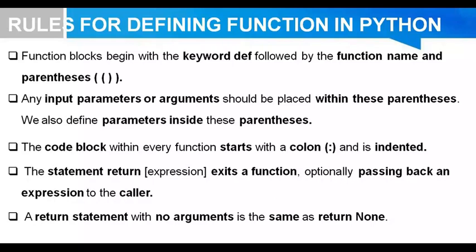Any input parameters or arguments should be placed within these parentheses. The code block within every function starts with a colon. As previously, when we use if or looping, in the first statement where we mention the condition, we use a colon there. In the same way, when we define a function, we use a colon here, and the block is indented.